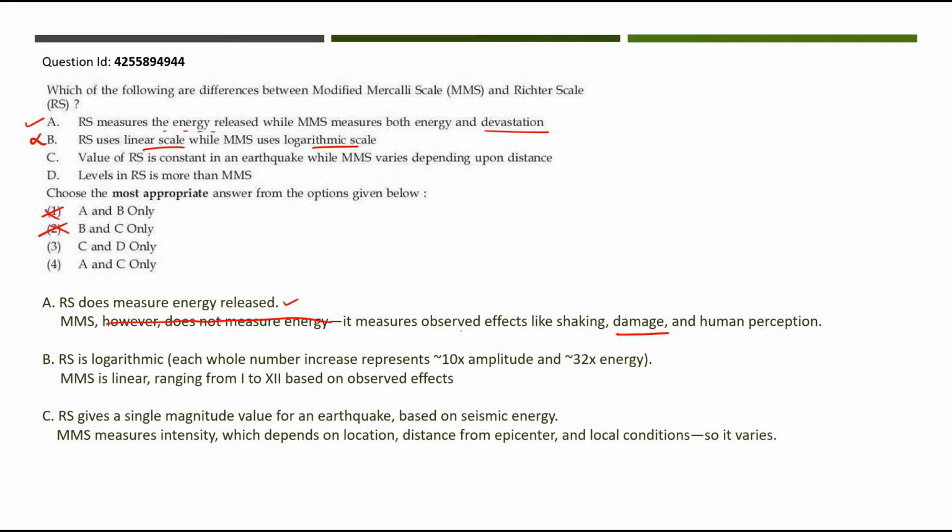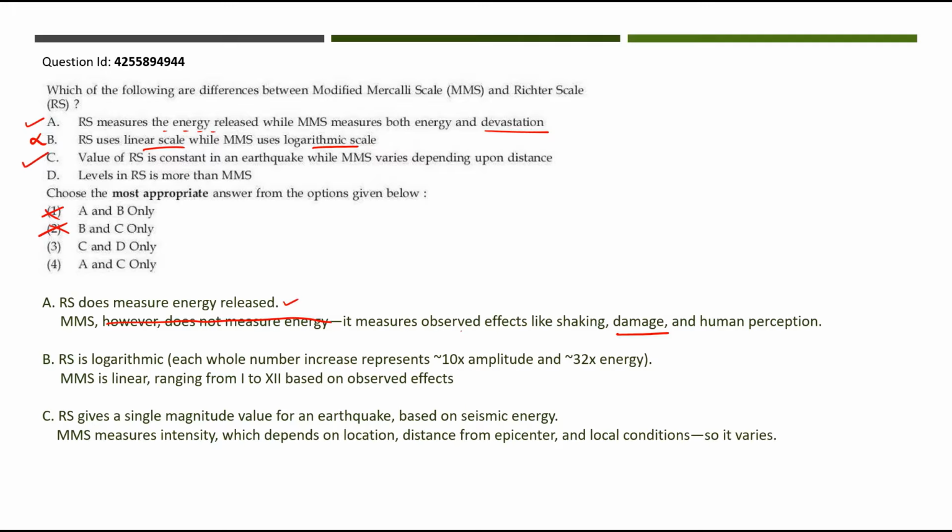Modified Mercalli scale measures intensity, which depends on location, distance from epicenter and local conditions, so it varies. So for example, overall we can say this is the 7.3 Richter or 8 Richter for earthquake, but the intensity can be more in one particular location and less in another particular location. So based on that, this particular statement is also true.